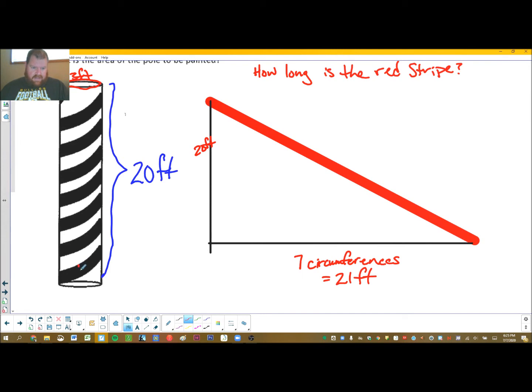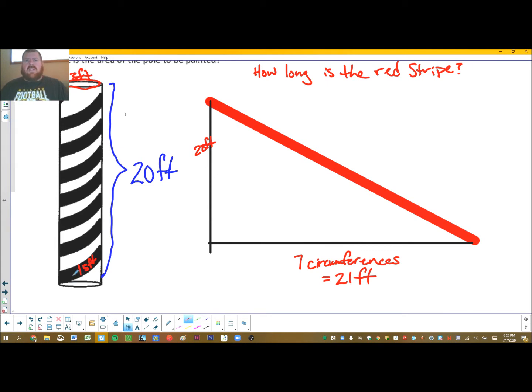If this was maybe 5 feet, it might turn it into a red pole instead of a white pole with a red stripe, if that makes sense. I guarantee you if it's 10 feet, you're only going to get 2 trips around and it's going to be all red. So 5 feet might actually, no, 5 feet won't work, sorry.